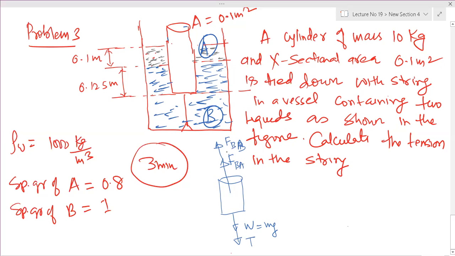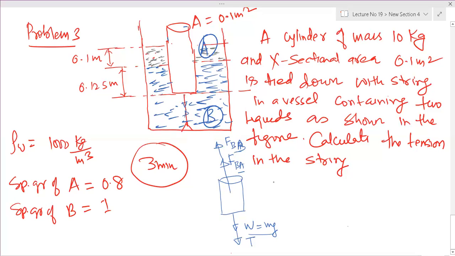The buoyancy force always acts in the upward direction, and due to fluid A and fluid B, both will be added. The weight acts in the downward direction, and the tension in the string will also be downward.